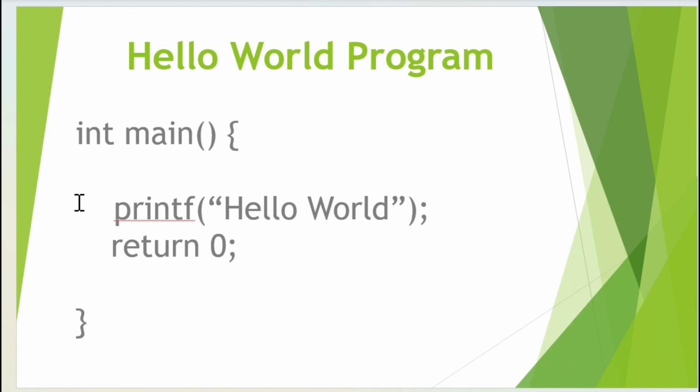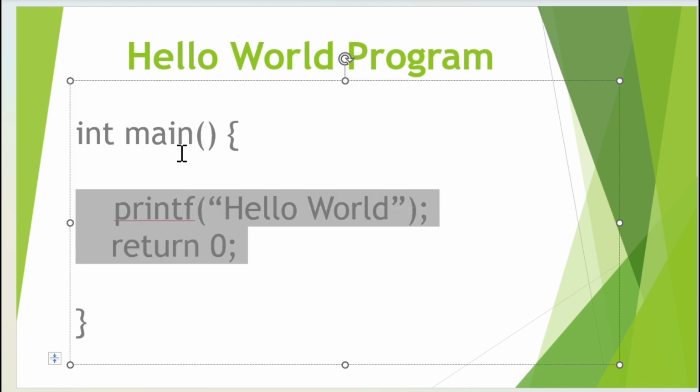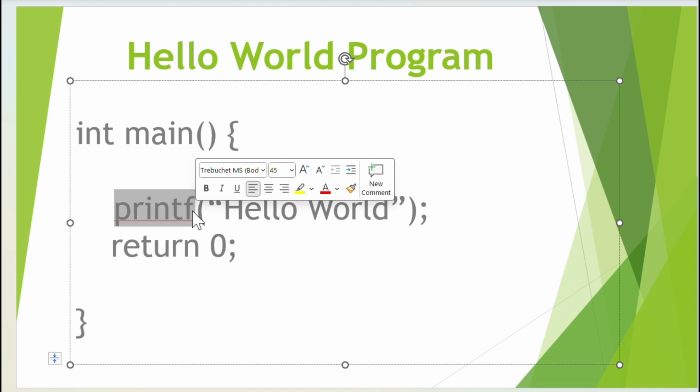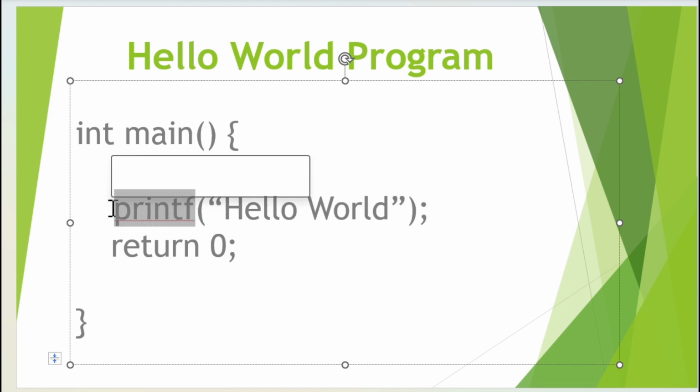Now we have written printf and return 0 into main, but still the compiler will not be able to understand what exactly to do with this printf. So we need to give the compiler a certain library or file where printf is defined, and that file will specify what the compiler should do when it sees printf.